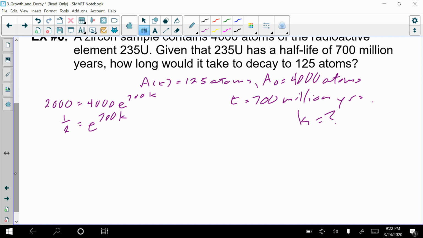We have to get k out of the exponent spot, so we will use the properties of logarithms to change the exponent to a logarithm. So that will give me the natural log of 1/2 is equal to 700k. So when you take the natural log of 1/2 and you divide it by 700, that will give you about negative 0.0, and I'm going to do more than 3 decimals for this one because it's a very small number.